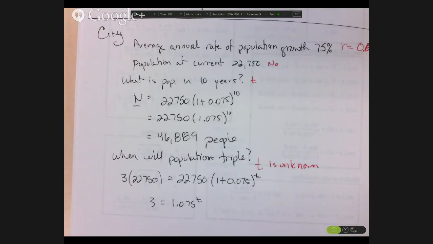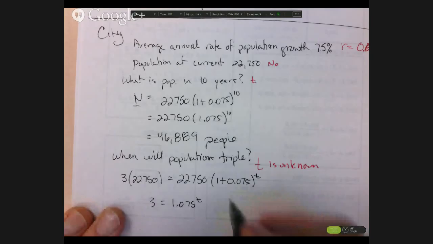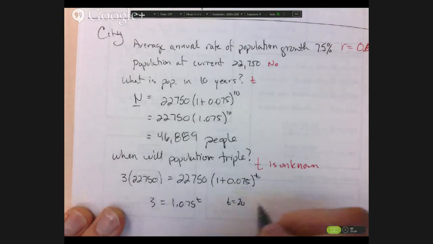Try 20. What's 1.075 to the 20th? 4. Oh, so that's a little bit large, right? So maybe 15. That's pretty close, huh? What is 16? 3.1.